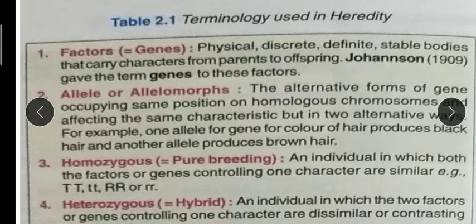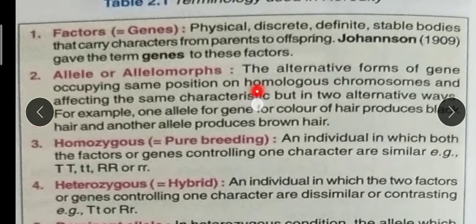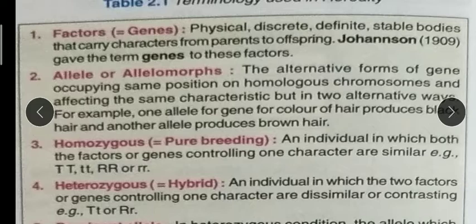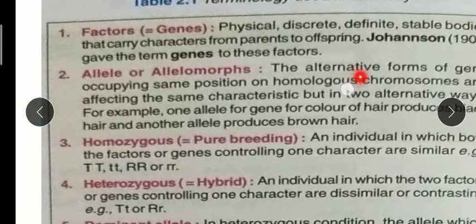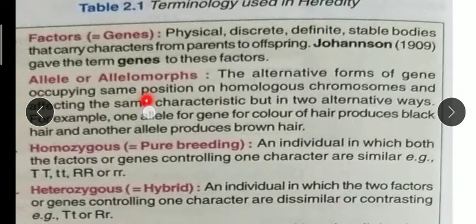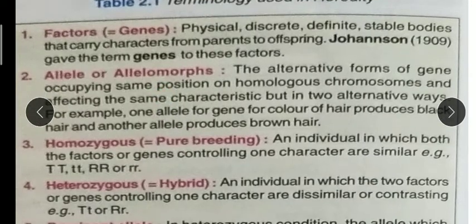Now the next one is alleles or allelomorphs. These genes exist as alternative forms in our body, in the nucleus. These genes that I explained in the first point exist as pairs. They exist in alternative forms. Alternative means opposite forms. So the alternative forms of the genes are present at the same position on homologous chromosomes.